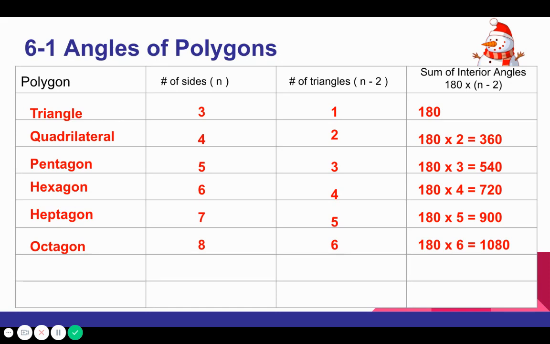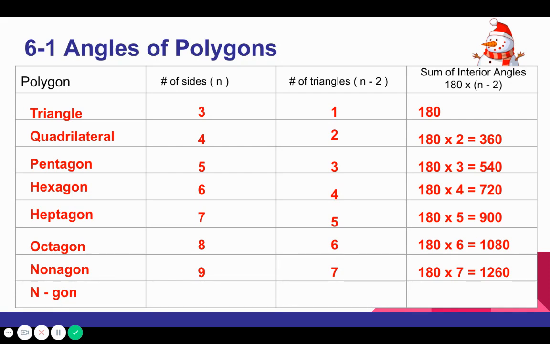The sum of the interior angles is 180 times 6, so the total is 1080 inside an octagon. The 9-sided figure is called the nonagon. We end up with 7 triangles if we draw the diagonals, and the sum of the interior angles is 1260, 180 times 7.